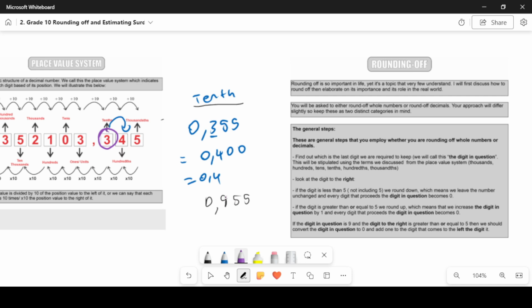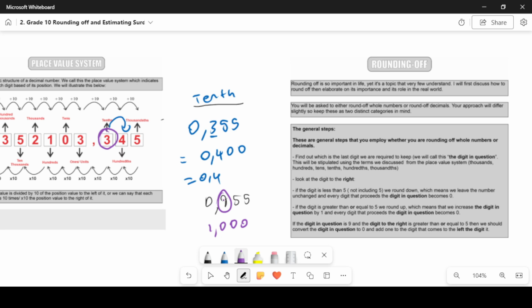See, this digit here is 9. The digit to the right of it is a number that is greater than or equal to 5. So we have to add 1, correct? Remember, we have to add 1 to this. But if you add 1 to this, what happens? It becomes 10, correct? So what you do is you take the 1 and you add it to the number that's to the left of it. So the answer here will actually be 1,000.